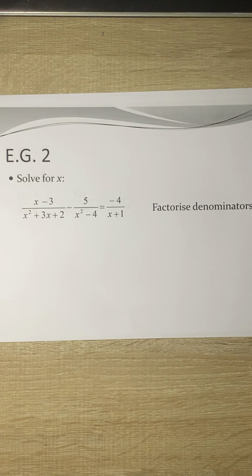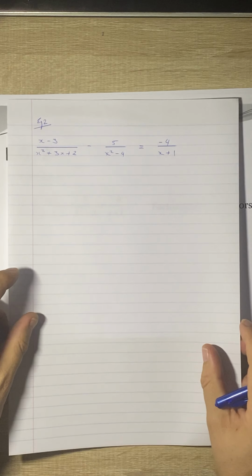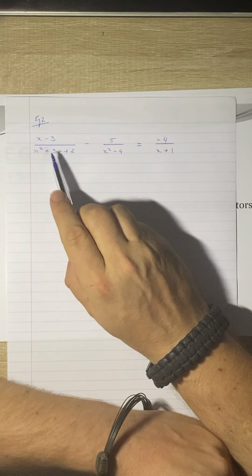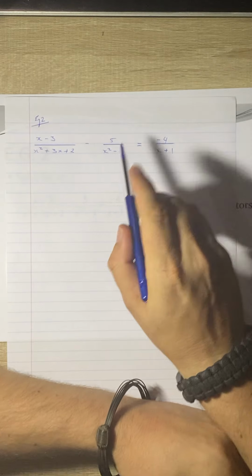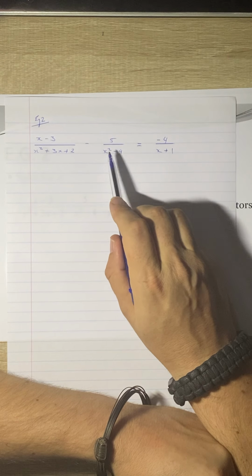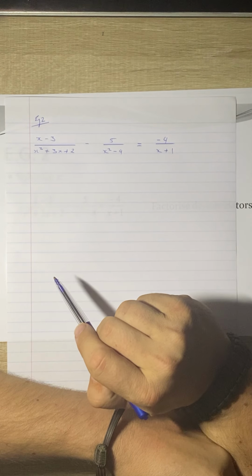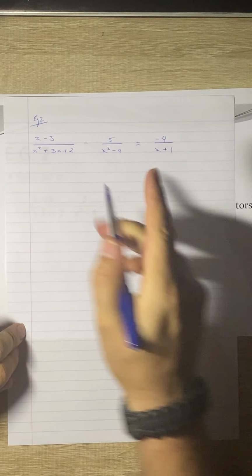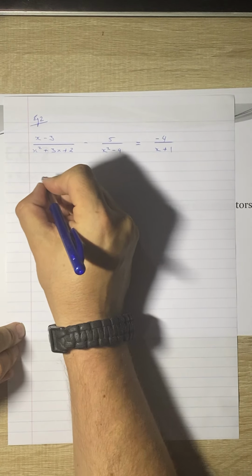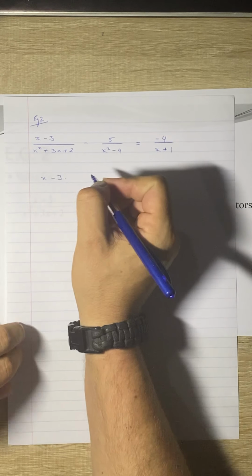I've got it written over here. All right, so I need to check the denominators and make sure that they are factorized. This one over here is not factorized, so I can factorize that trinomial. This is not factorized, I need to factorize that difference of two squares before I even find an LCD. So this is going to be x minus 3.